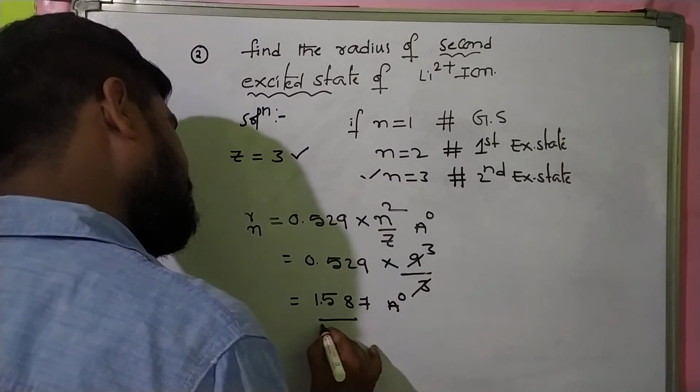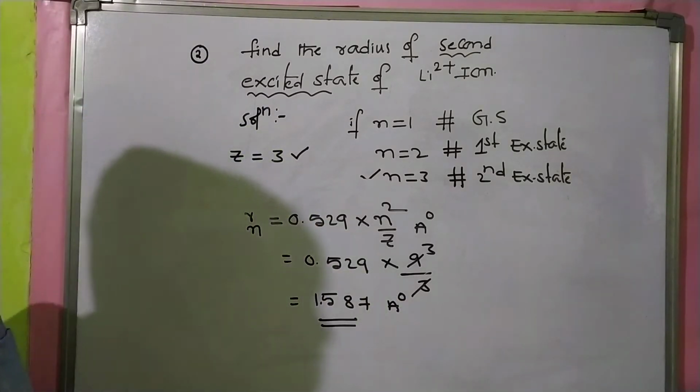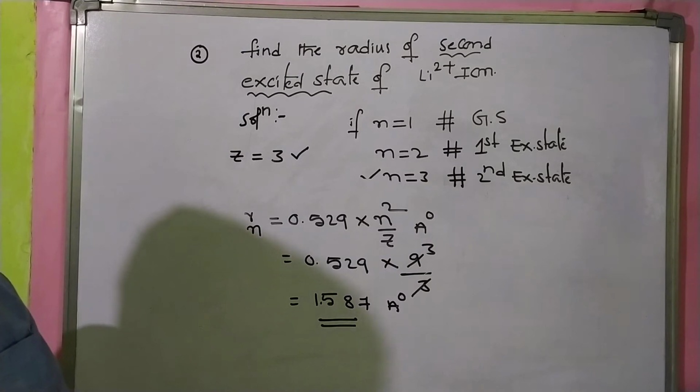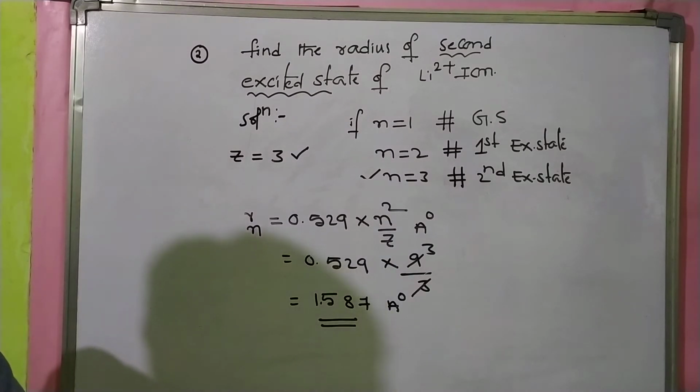So it is the radius of third orbit, the second excited state of lithium 2+ ion.